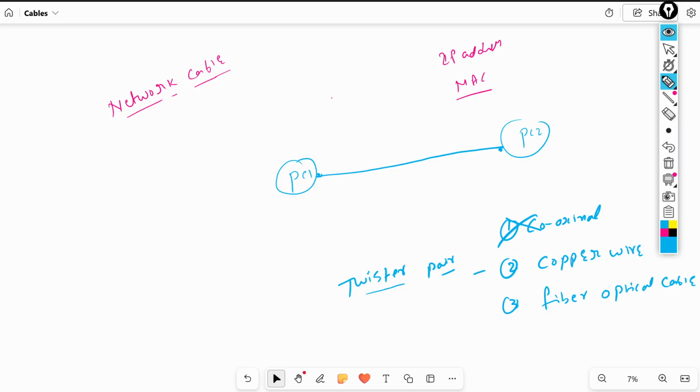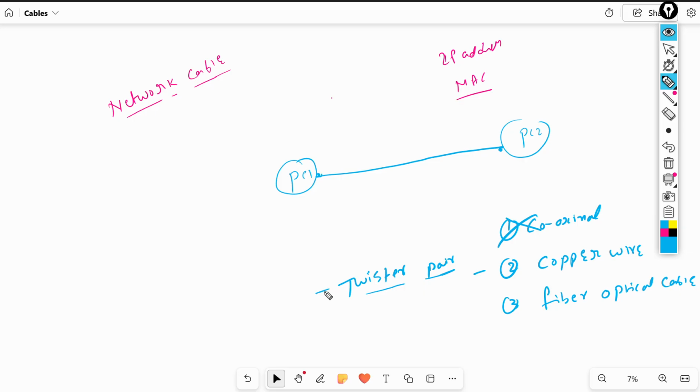Fiber optical cable's purpose is different, and we will discuss later what its purpose is. Whenever we have more distance, we generally prefer fiber optical cable. But within the LAN, in every organization, we will use twisted pair cable only.